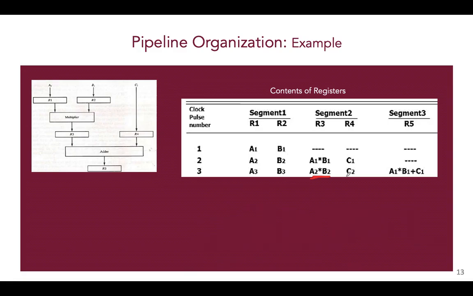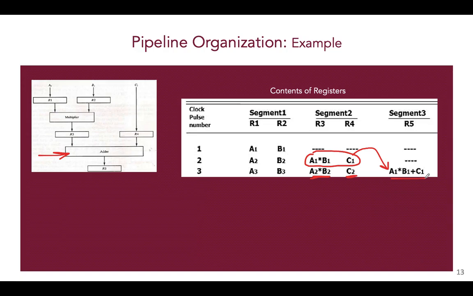At the same time in segment 2, R4 is receiving the next input, which is C2. Now segment 3 has an input, which is whatever the contents of segment 2 were. After clock pulse 3 hits, whatever the contents of segment 2 were will have undergone whatever they were supposed to undergo. In this case, this is addition, and they will move on to the next segment.